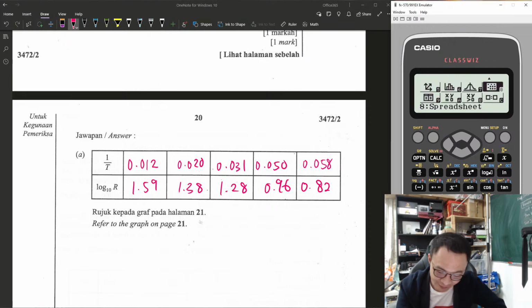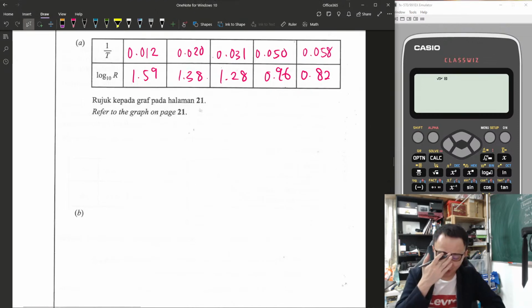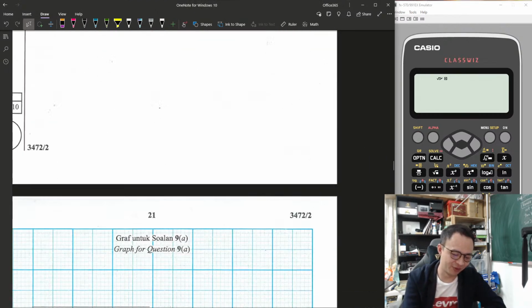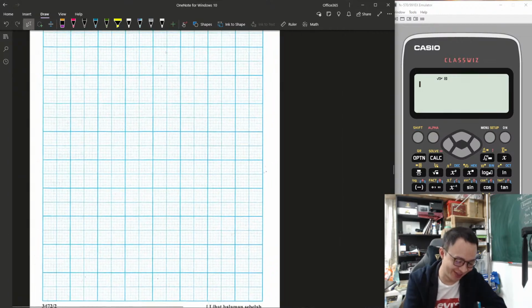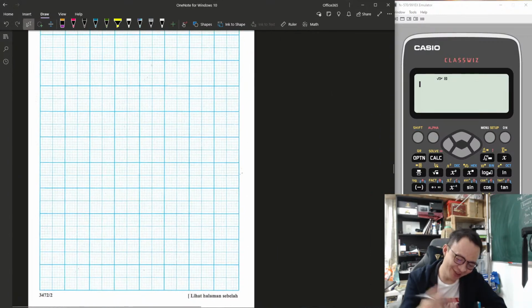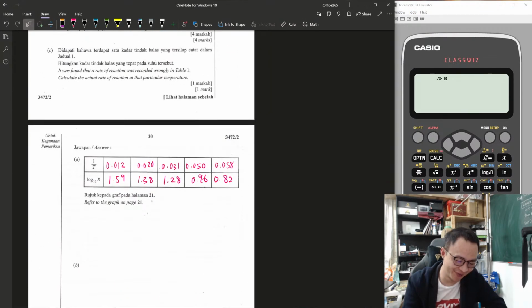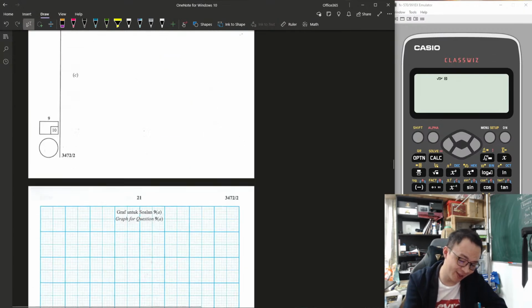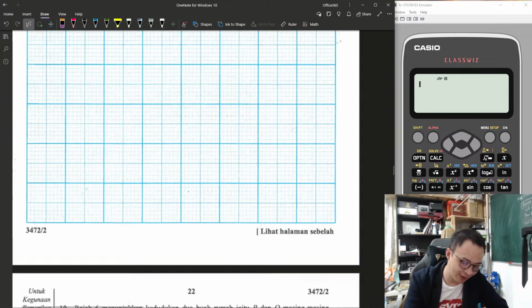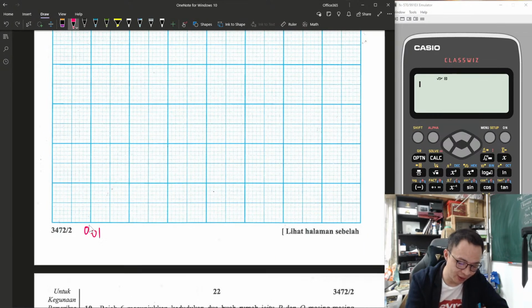Okay, so after I'm done with this one, I think I need to start drawing here. I'm so lazy to draw. Let's draw it for fun, even though it's not really fun to me. From 1 to 6. Okay, I just assume this is 0.01. Sorry, 2 centimeter, right? 0.01, 0.02, 0.03, 4, 5, 6.